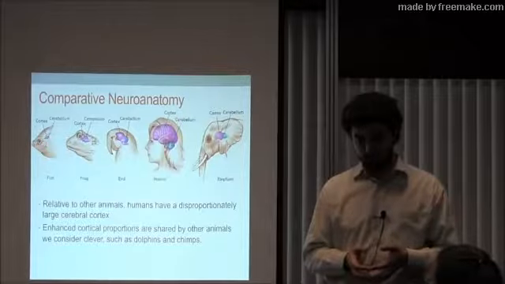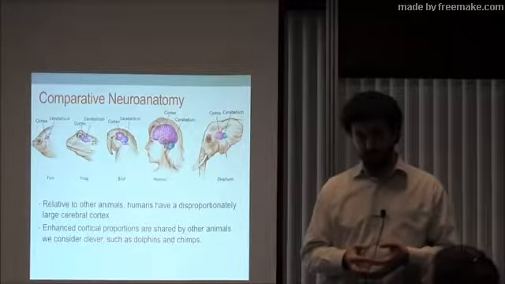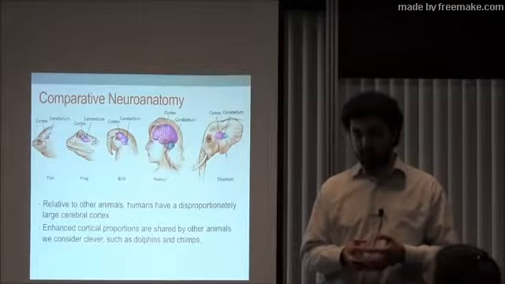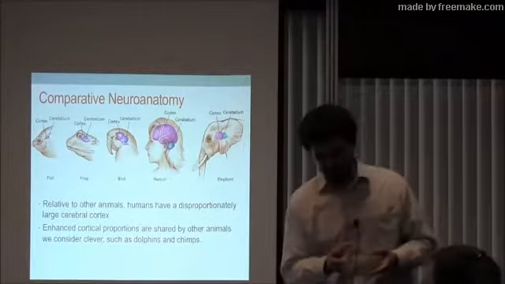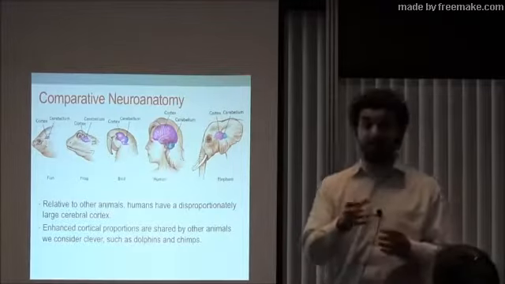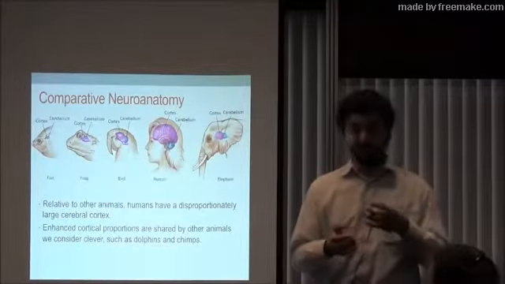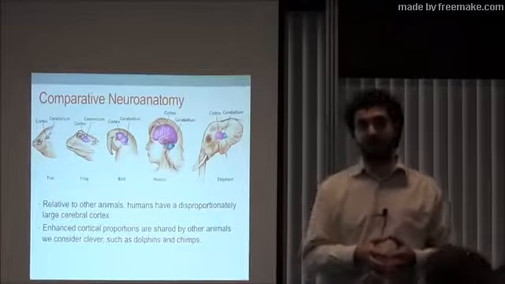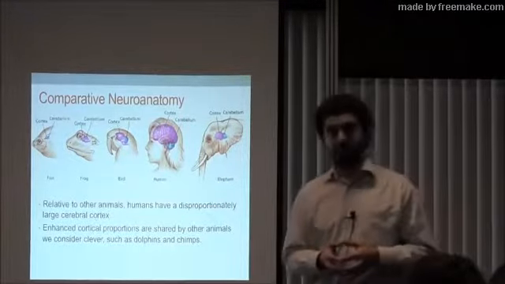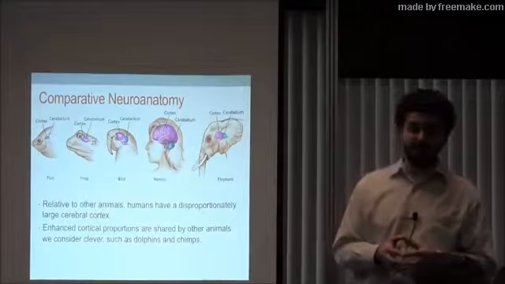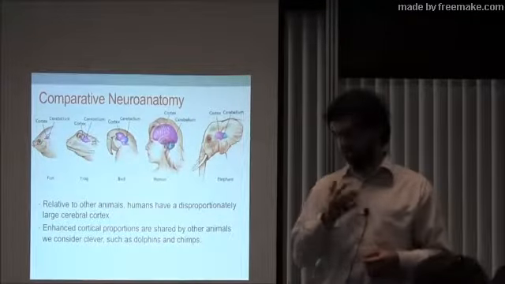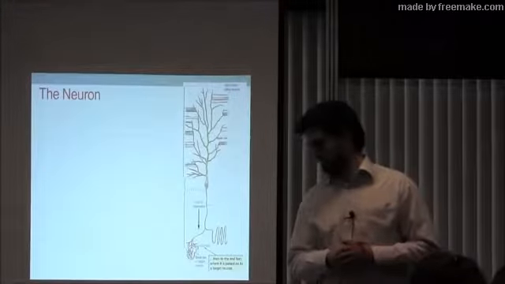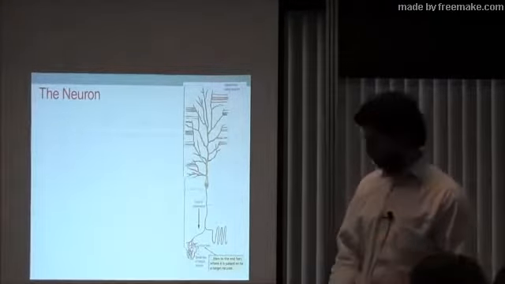The white matter is the fibers, the axons. And the gray matter is the cell bodies of neurons. Right. The white matter is usually the axons, and the gray matter is the cell bodies of neurons. So our next topic for discussion is going to be the neuron.